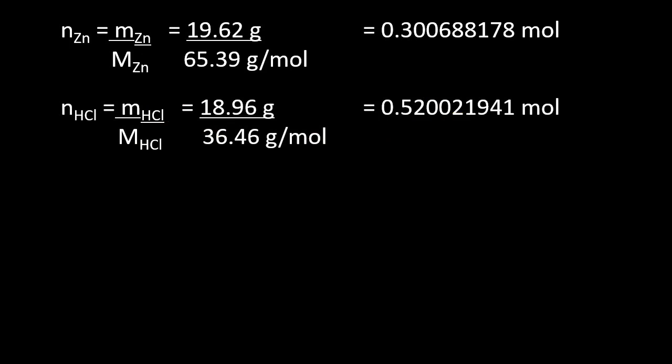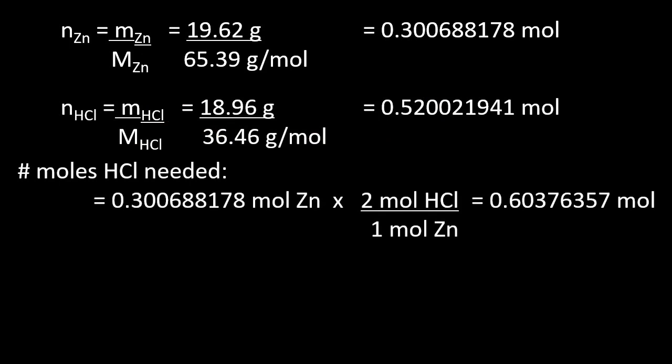Now we need to understand that when we're looking at the reaction equation, the number of moles of hydrochloric acid that I would need if zinc were the limiting reagent would be twice as much, because it's a 2-to-1 ratio. So if I have 0.3 moles of zinc, I would need 0.6 moles of hydrochloric acid.